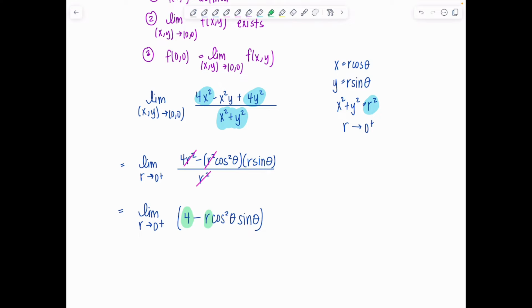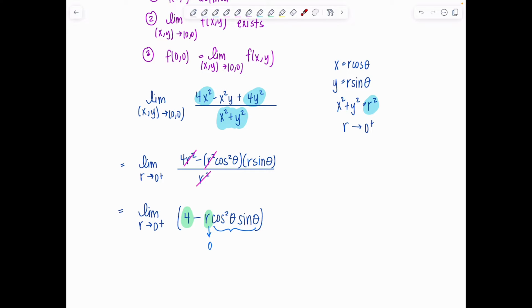Then I know this term right here is approaching 0. And cosine squared theta times sine theta, the only thing that I'm nervous about is if those were to approach infinity, because 0 times infinity is an indeterminate form. But if they're approaching anything other than infinity or negative infinity, we're good. I can evaluate the limit.